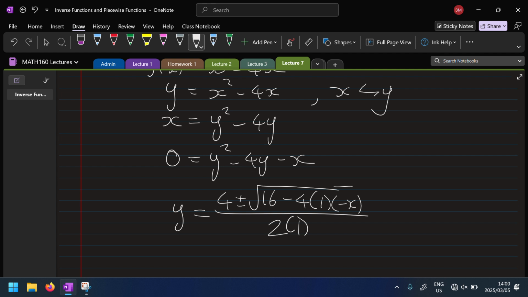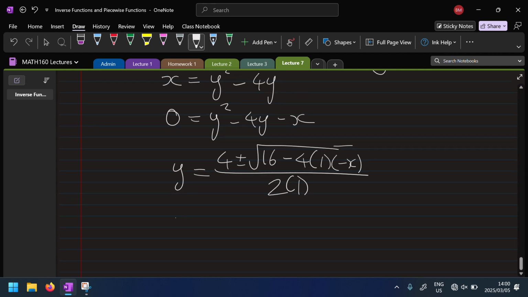Okay, so we end up with this. We can simplify this a bit. So we get y is equal to 2 plus or minus the root of, we can take the 4 out, so it'll be 4 plus x. Okay, we end up with this.